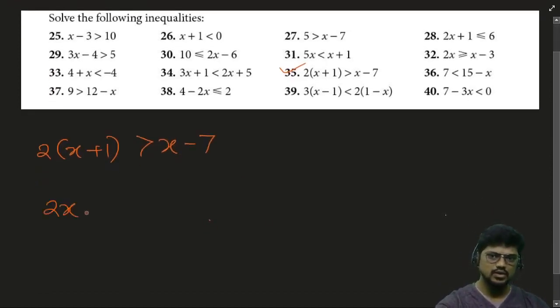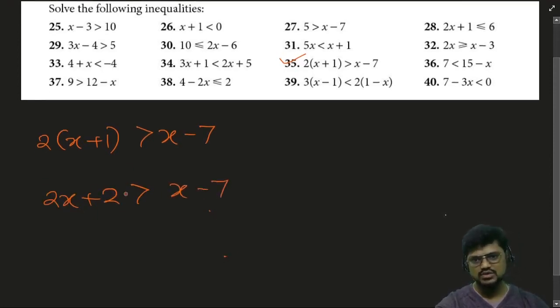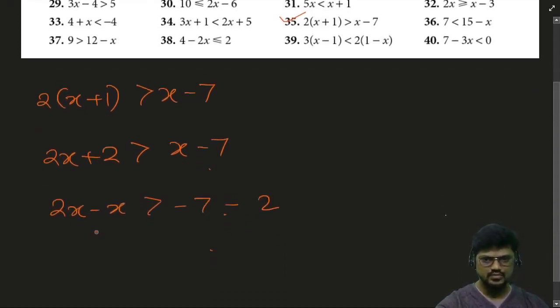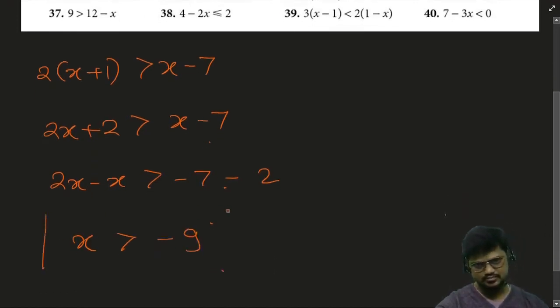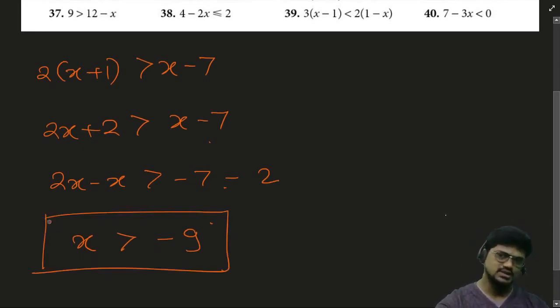It will be 2x plus 2 greater than x minus 7. So you can take x on this side, 2 on that side. So 2x minus x greater than minus 7 minus 2. So 2x minus x is x greater than minus 9. That's it. This is your answer. Since there was no negative with x, you will not flip the sign.